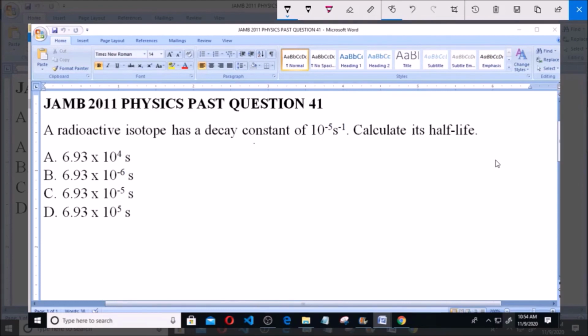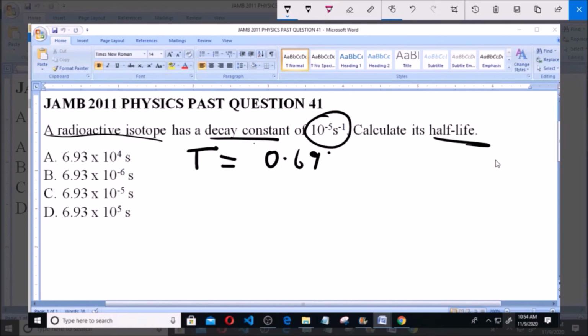So we are given the decay constant of a radioactive isotope, and we're asked to calculate its half-life. So there's a relationship between decay constant and half-life. Now half-life, represented as T, is equal to 0.693 over the decay constant.